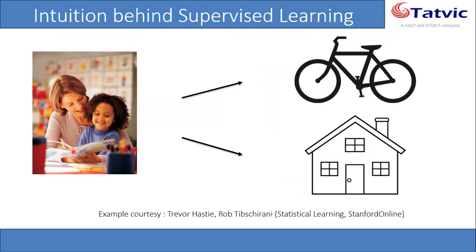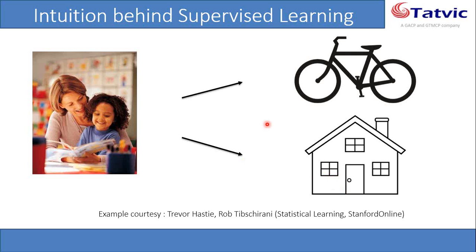So assume that a kindergarten teacher is trying to teach a child to distinguish between images of a bike and that of a house. Initially, the teacher might show actual images to the child. The child learns to identify that the image of a bike contains round edges, while that of a house contains square and rectangular edges.